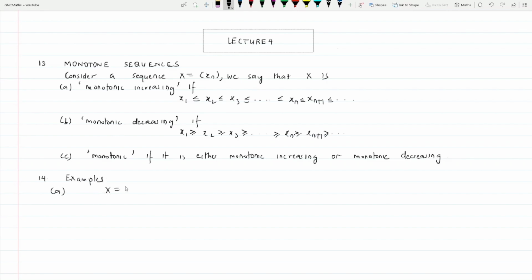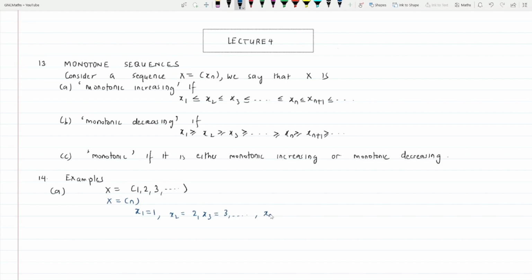Consider the sequence x equal to 1, 2, 3 and so on. We could rewrite the sequence as x equal to n. Now you can see that for the first value of n, which is 1, the first term of your sequence is 1, x2 is 2, x3 is 3.